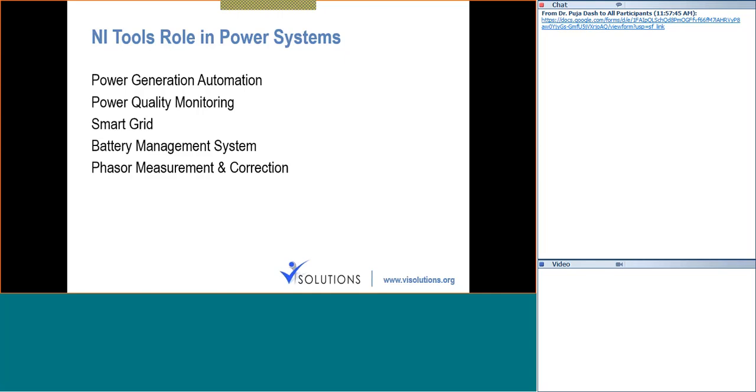And let's say some sort of huge load, like an inductive load or capacitive load, has been connected or disconnected. Again, we need to synchronize, because due to that load we may have some sort of phase change, right? So these things should be considered. And NI tools have been proven time to time to implement such things.